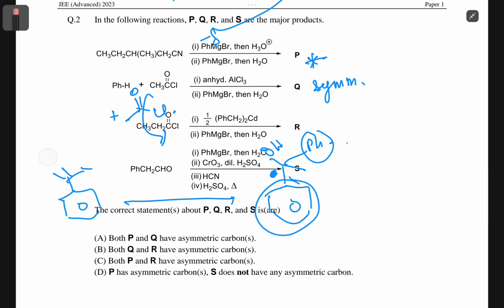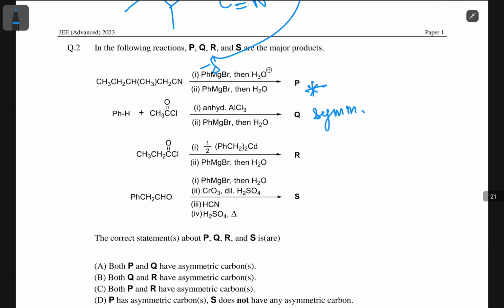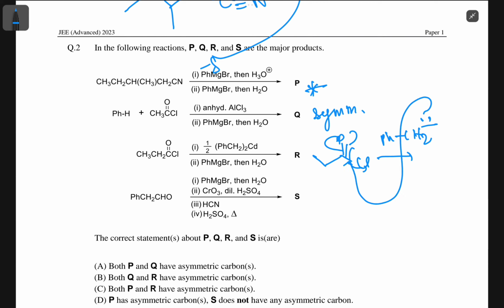Okay, for the next one, we would have this, and PhCH2 minus. This is the main anion that we have nucleophilic attack right here, and this would be something like this, right?